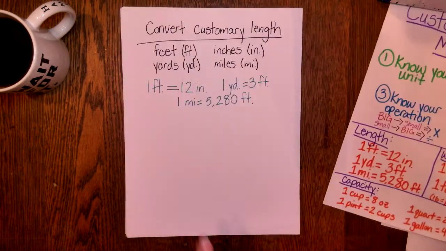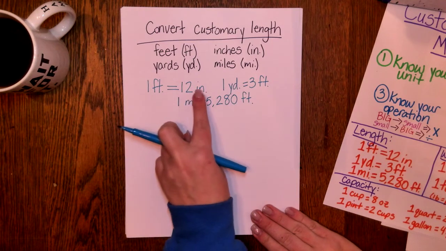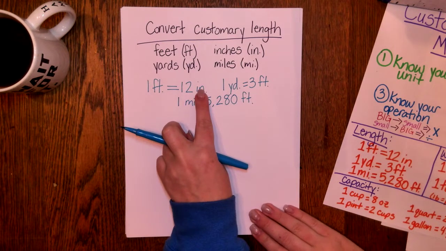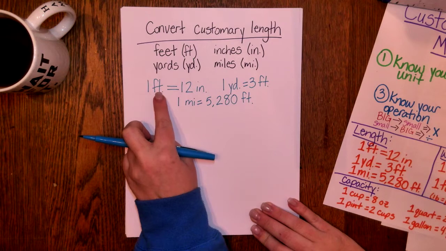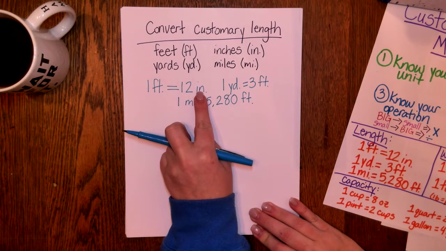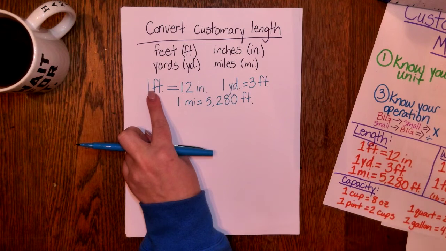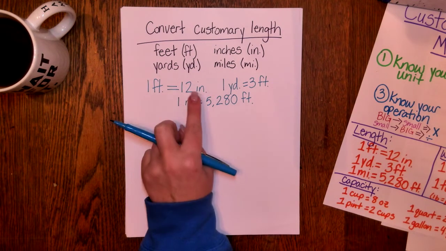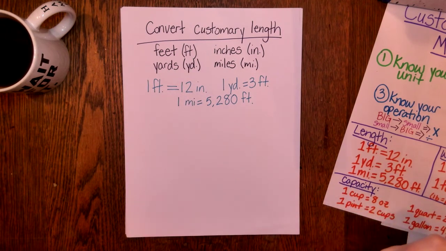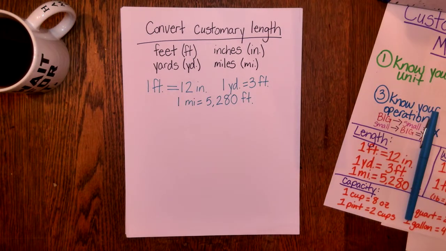For example, if I'm moving from feet to inches, I'm moving from a big unit to a small unit. Let's look at that. If I know that 1 foot equals 12 inches, I can put a whole lot more inches into a single foot.